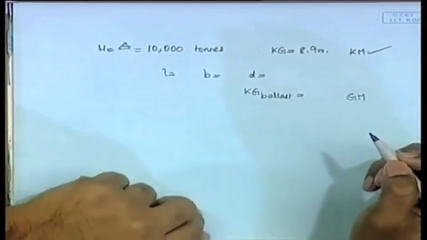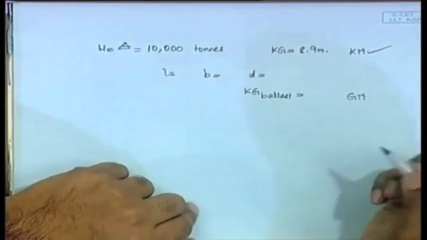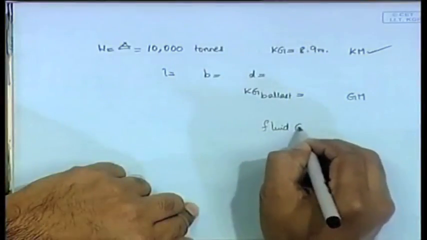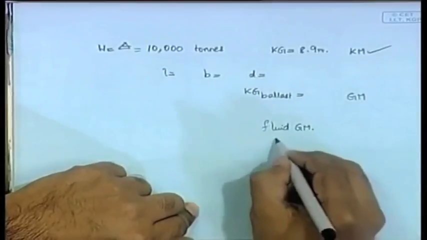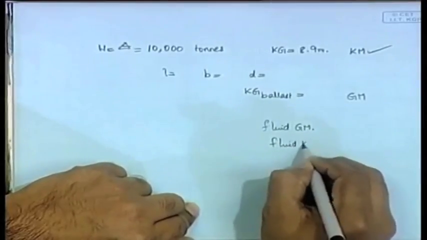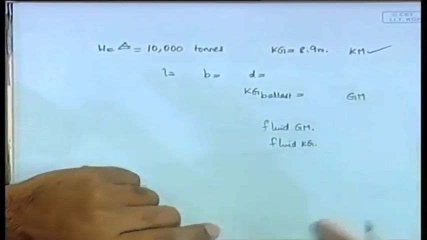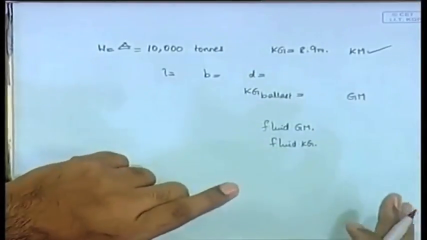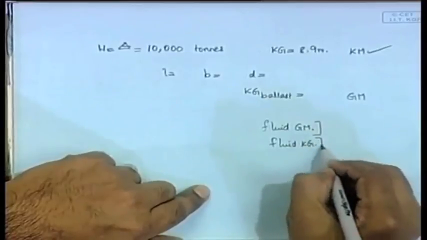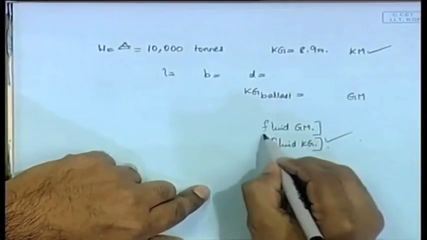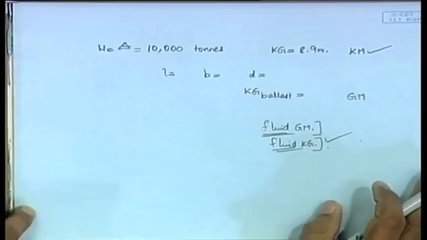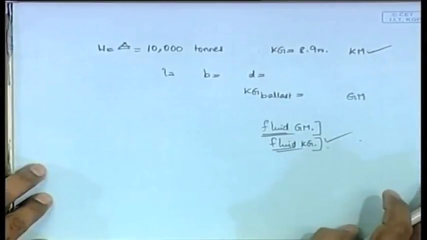Sometimes it is mentioned like this: find the fluid GM of the vessel, or fluid KG. The meaning is that in the presence of such a free surface effect, provided that the tank has the fluid, what is the GM, what is the KG? Okay, this is the meaning of fluid. So the question is to find the fluid GM of the vessel.